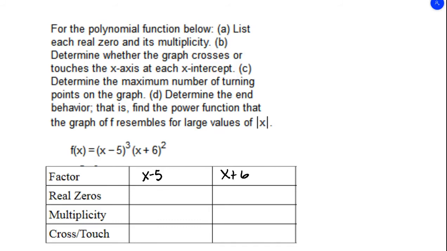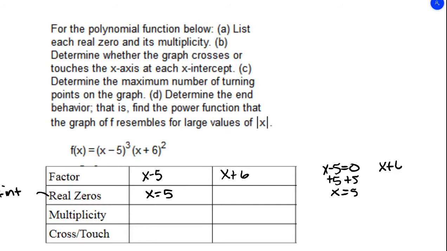And if we set these factors equal to 0 and solve, we're going to get the real zeros, or the x-intercepts, of this polynomial function. So by setting x minus 5 equal to 0 and solving, we would add 5 to both sides and get x equals 5. So we have a real 0 or an x-intercept at x equals 5.